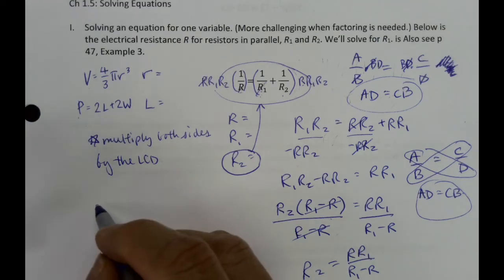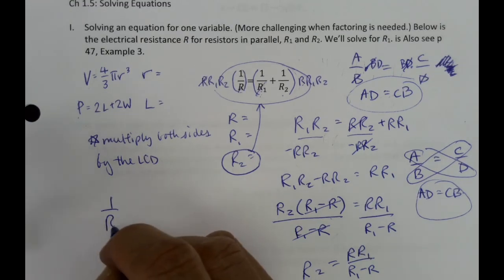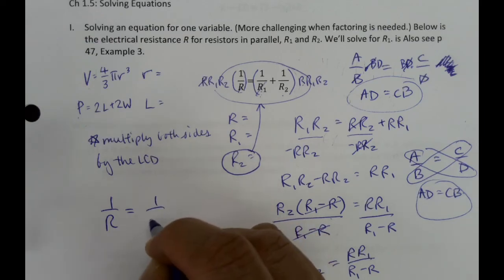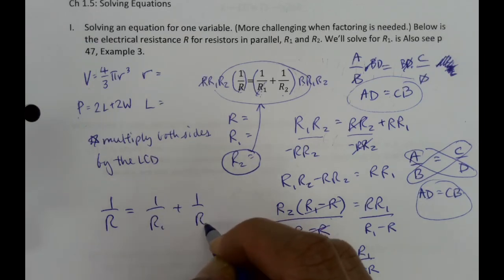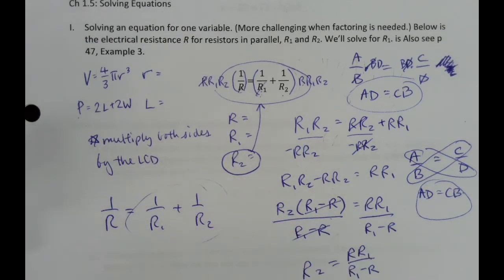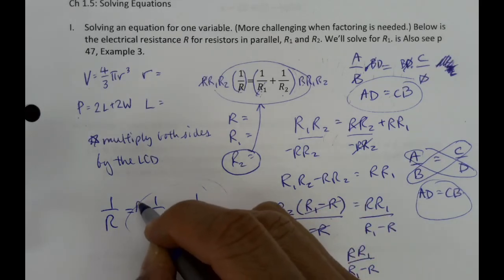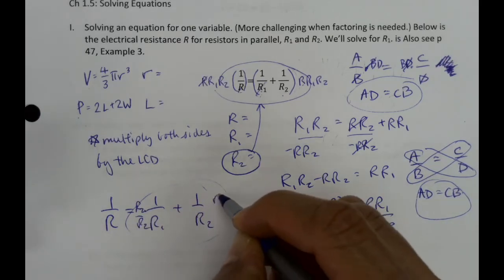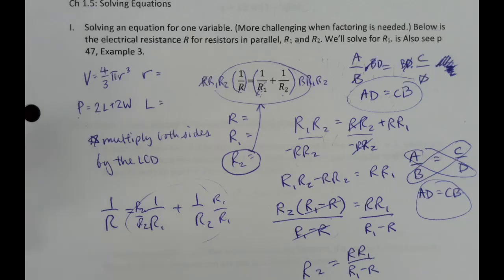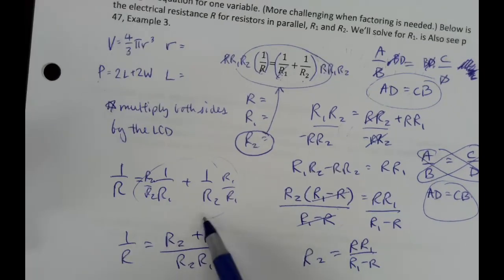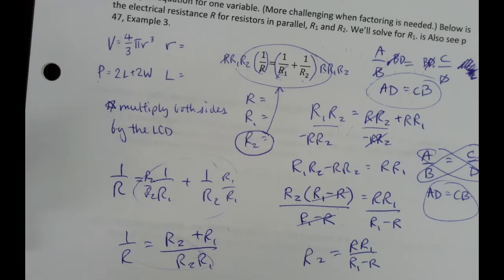The longer way that you saw in class today was, of course, to combine these two fractions on the right side into a single fraction. So that's, again, finding the least common denominator on this side, 1 over r. So now I got r2 plus r1 over my common denominator, and then I had to cross multiply here.